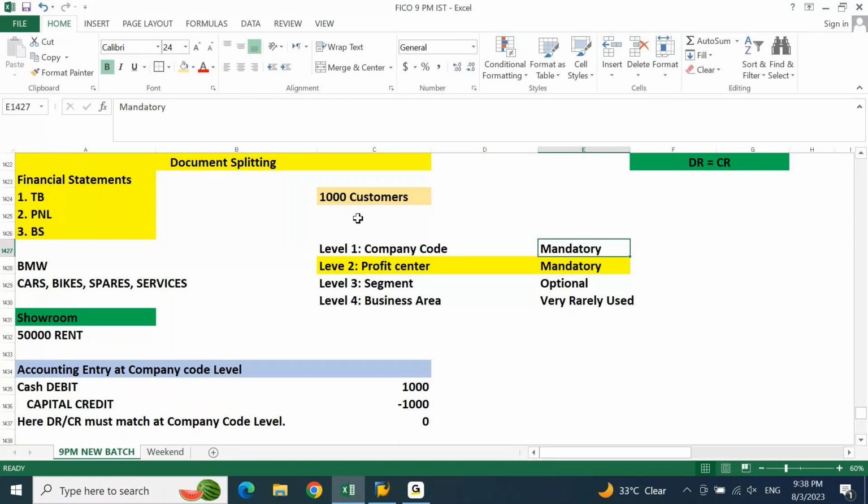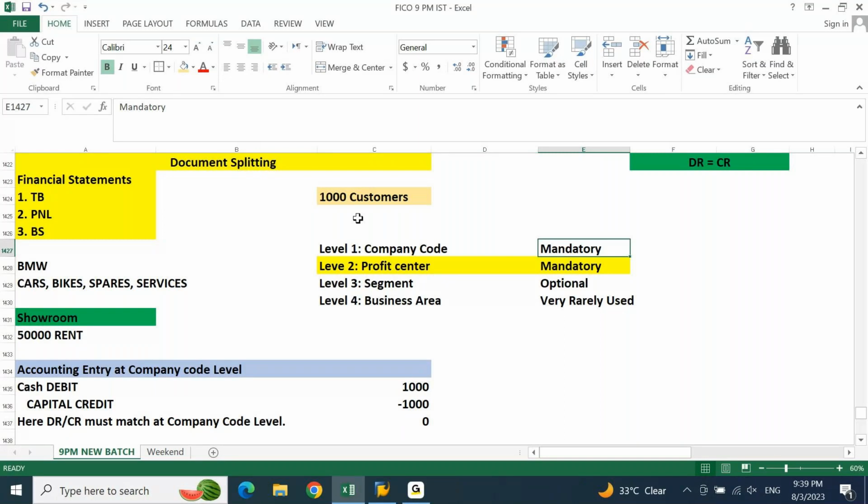Sir, even if I implement in test practice time, and I activated document splitting in configuration, why is the system asking for the zero balance clearing account, even at balance sheet level?